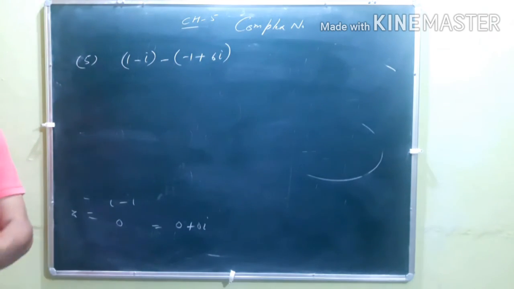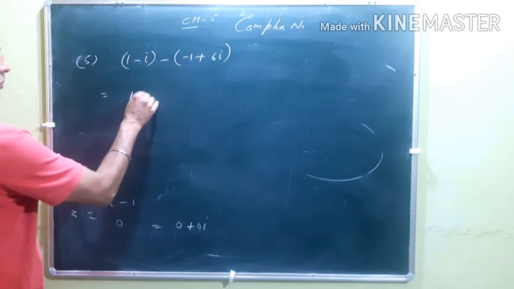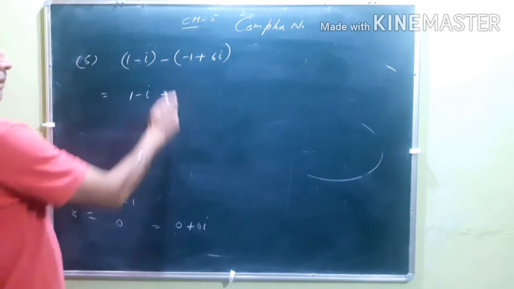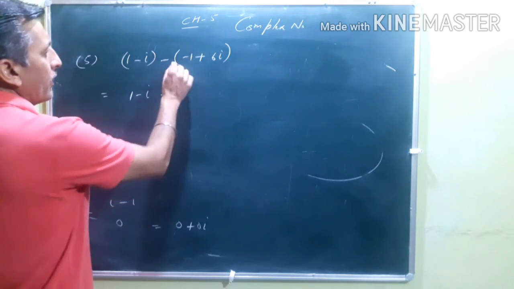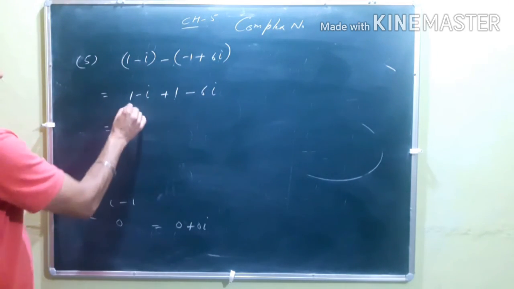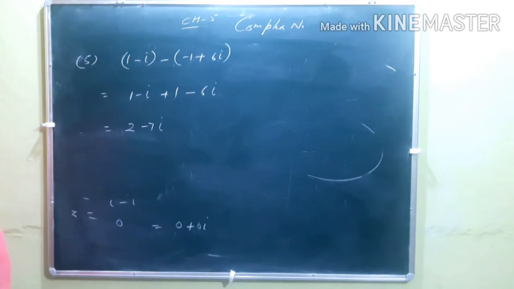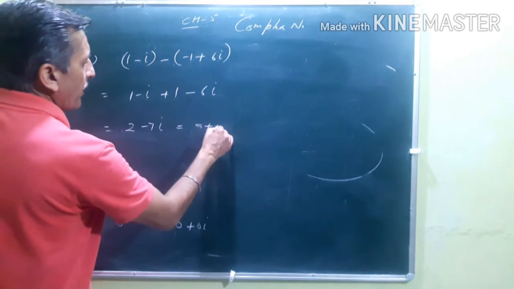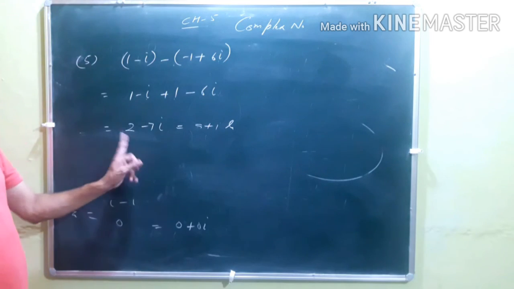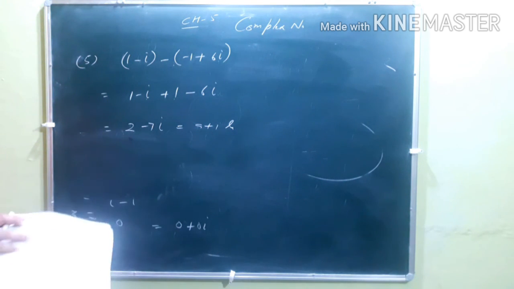Again use simple calculation. It is 1 minus iota, open the bracket, minus minus plus, so plus 1, plus 6 iota. This 1 and 1 give 2, and this is minus 7 iota. That's all, which is in the form A plus iota B. Here A is equal to 2 and B is equal to minus 7. So this was the concept for this part.